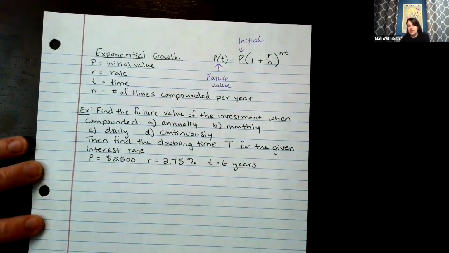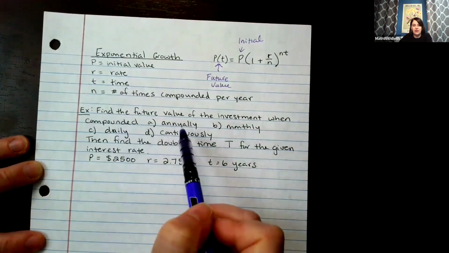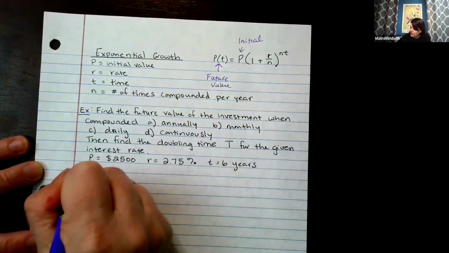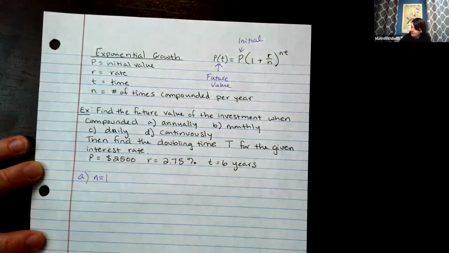So let's look at an example. Find the future value of the investment when it's compounded annually, monthly, daily, and continuously. So for the first one, annually, that means N is going to be 1.